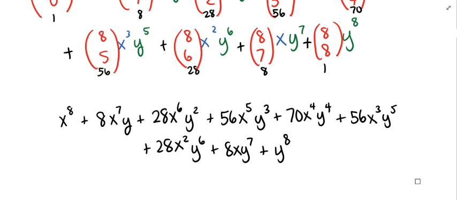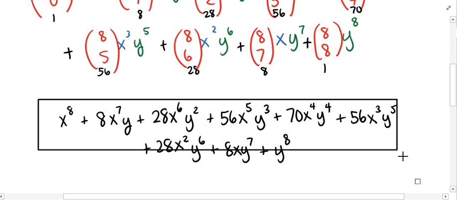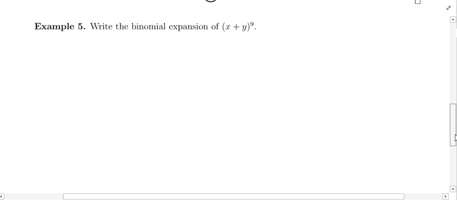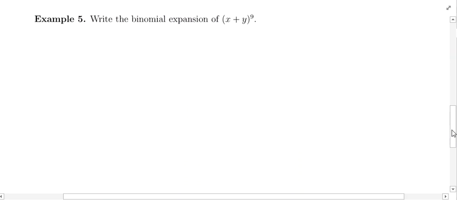Here is the expansion of this binomial, and how much easier is this than actually multiplying and doing all the distribution? So much easier. Let's try one more easy one, and then we'll get into some complicated examples.